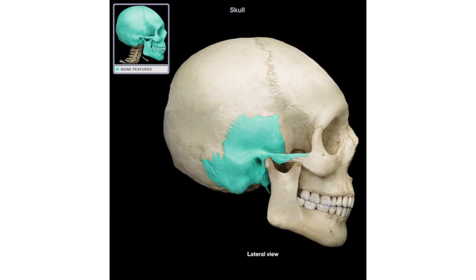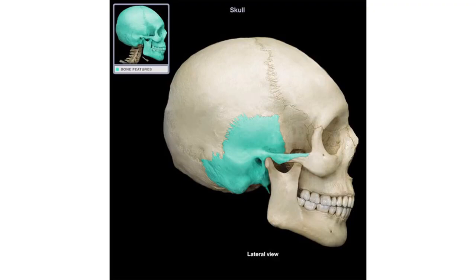The green colored bone in this lateral view of the skull is the temporal bone. Why is it called the temporal? Because when a person gets older, white hair grows in this area and tells the time or the age of the person. Therefore this is called the temporal bone.